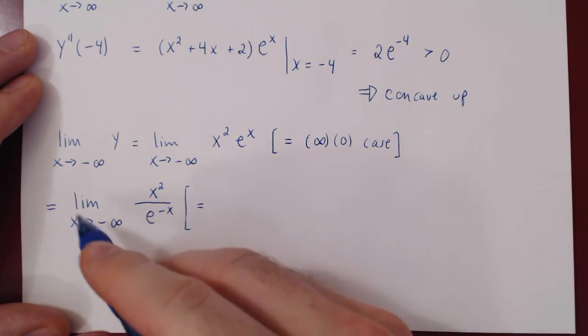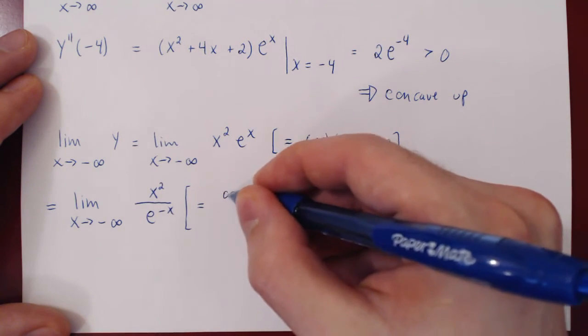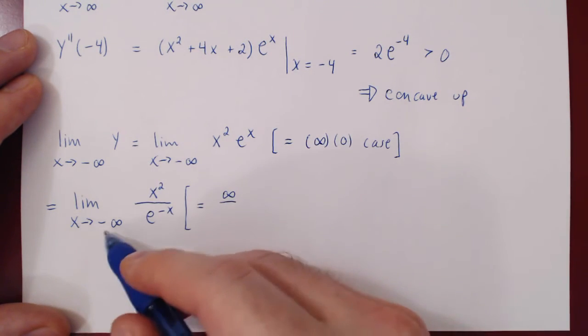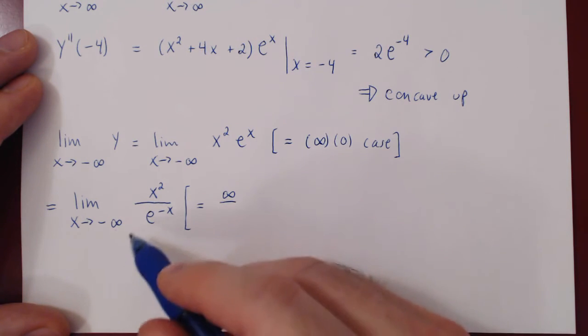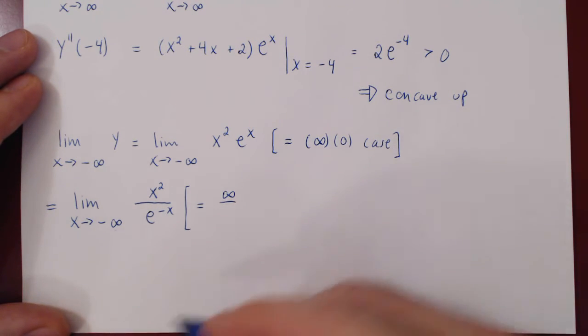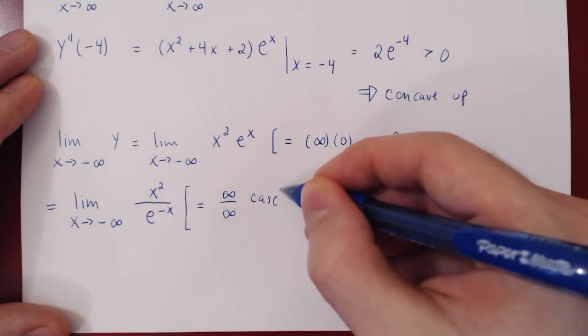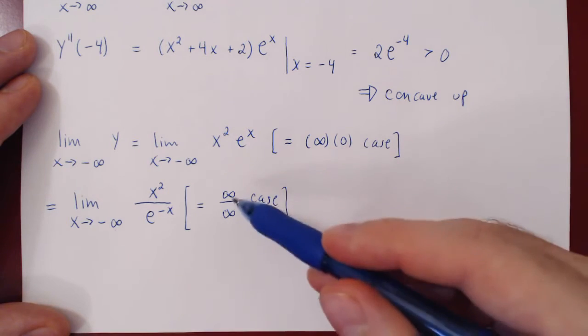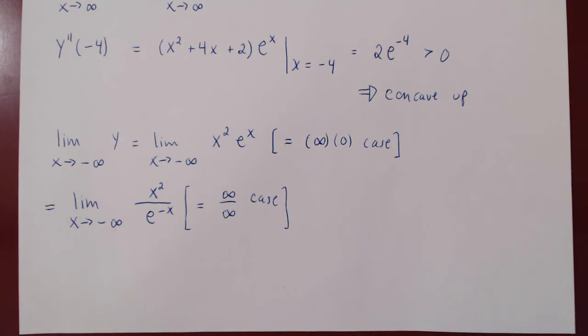Let's look at our case now. As x goes to negative infinity, x squared goes to positive infinity. As x goes to negative infinity, negative x goes to positive infinity, and e to the positive infinity will give you positive infinity. So we still have an indeterminate case, but there's something interesting here.